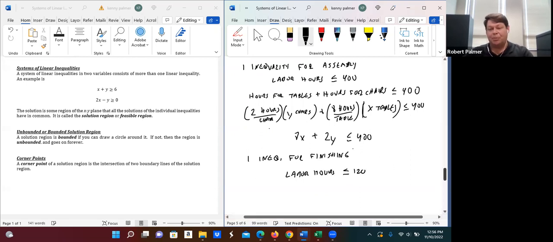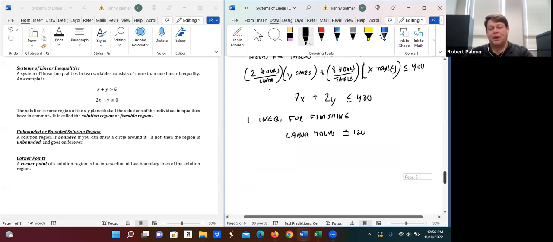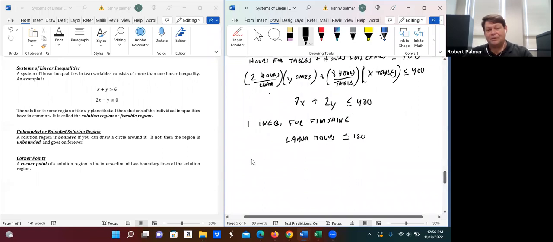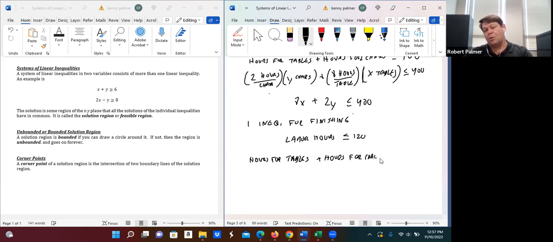Those are the labor hours available per day for finishing. Now, we do basically the same thing. Once again, the hours for finishing tables plus the hours to finish chairs have to be less than or equal to 120. Now, instead of writing this step, let's cut to the chase.